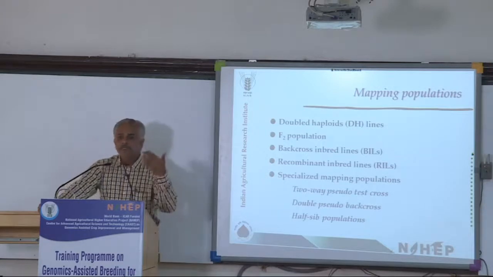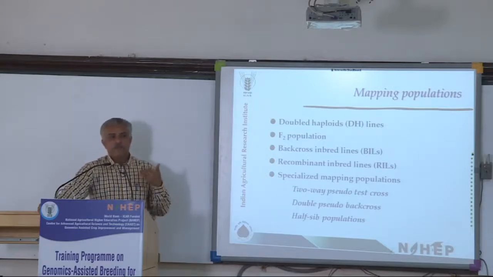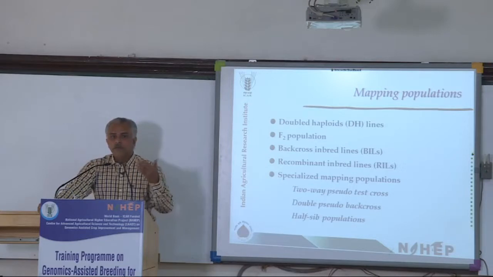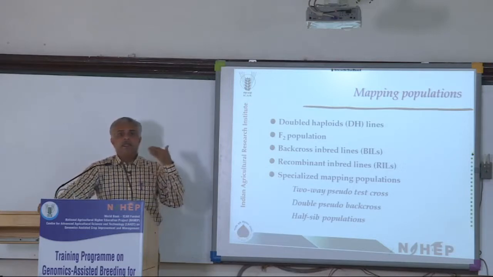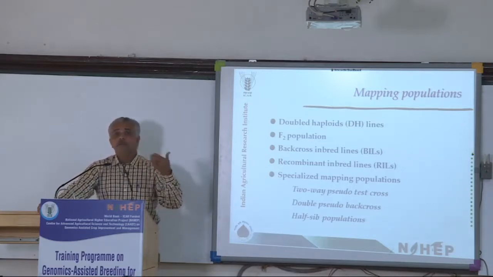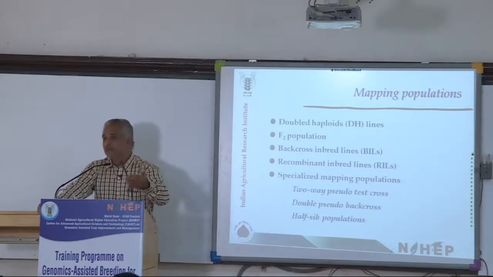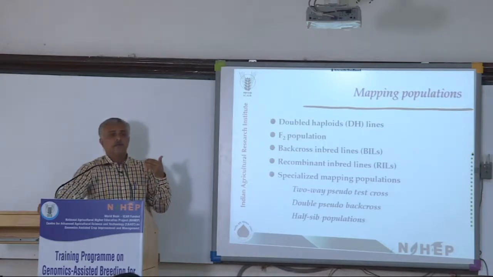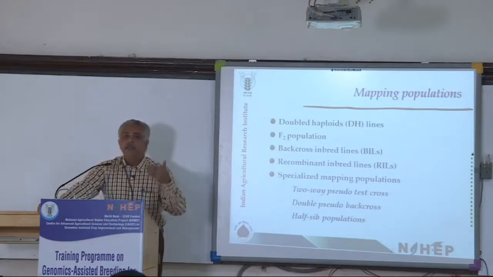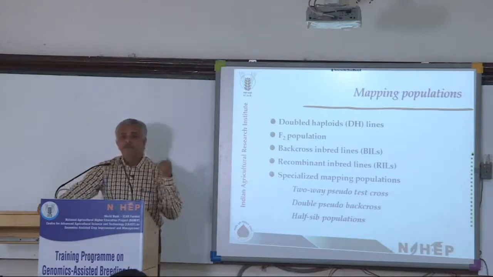Then if you take the ratio of it, our assumption is that the marker is not associated or linked to the trait. That is the null hypothesis. The alternate hypothesis is the marker is associated to the trait.